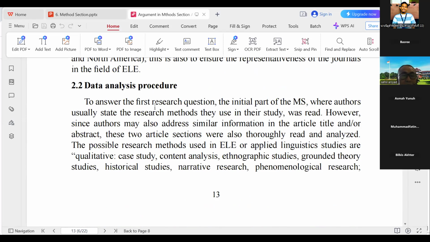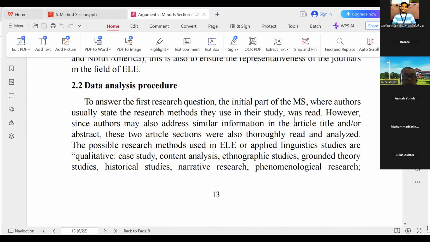To answer the first research question, the initial part of the method section, where authors usually state the research method they use in the study, was read. So just look at the beginning part of the method section.